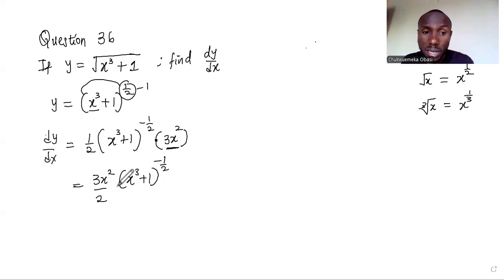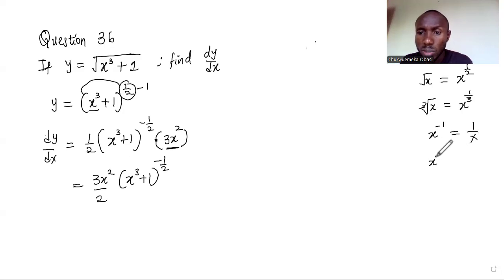You can also see your answer in this form. You can see in this problem, we don't have any option here, so I'm giving you different possibilities you can find your answers in. This is another way you can see the answer in the JAMB curriculum. Or better still, you can go ahead and remove the negative exponent here. I'm sure you still remember if you have x to the negative 1, it's the same as 1 over x.